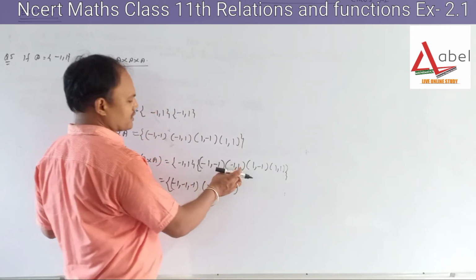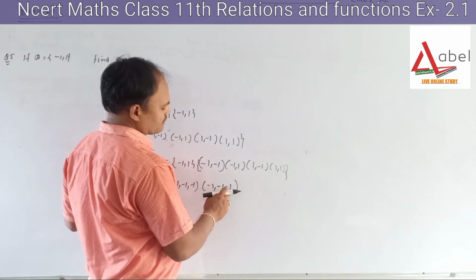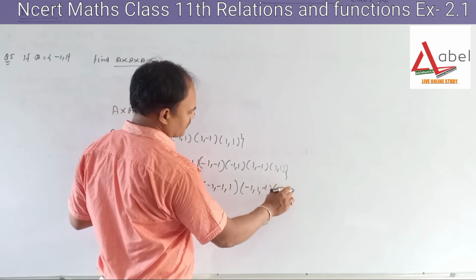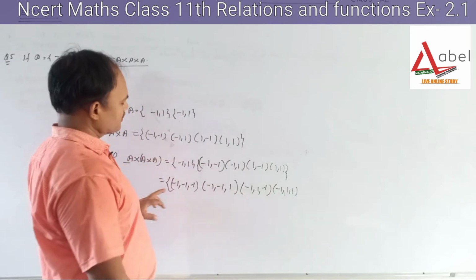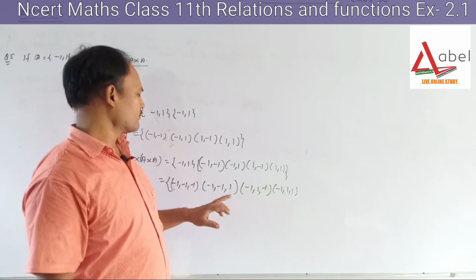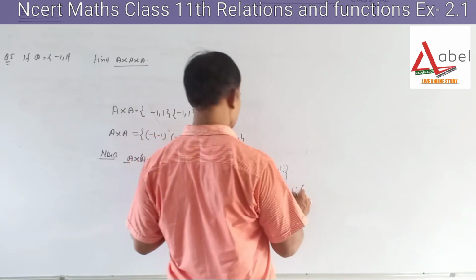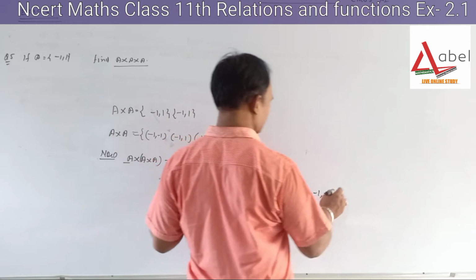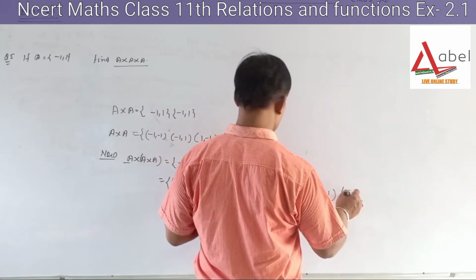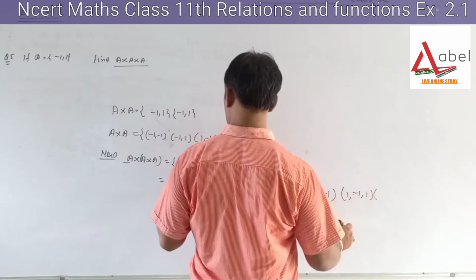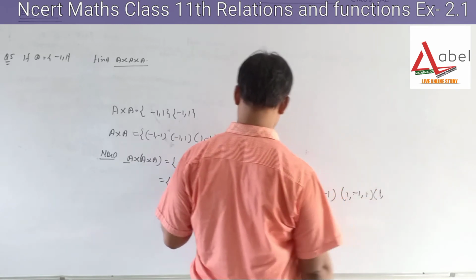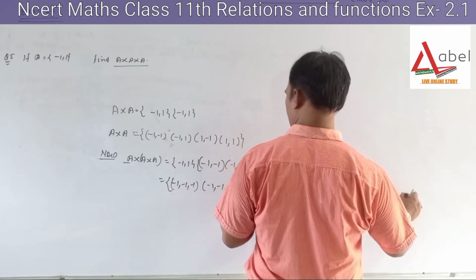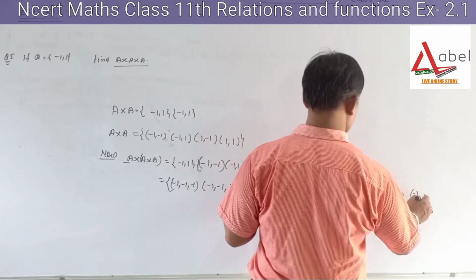Look here, -1 multiplied by this gives (-1, 1, -1), (-1, 1, 1). It is the multiplication by -1. Okay, now take 1, so we can say (1, -1, -1), (1, -1, 1), (1, 1, -1) and (1, 1, 1).